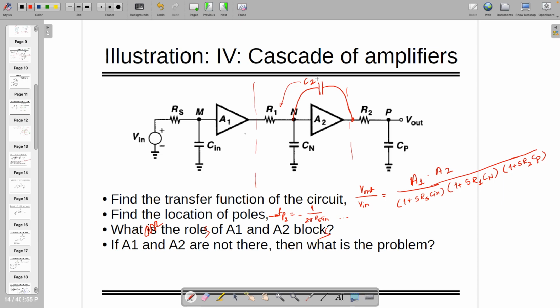Plus. Let's make it a little bit even simpler. So the first one will be the same. Second one, Cn plus, other side, right?